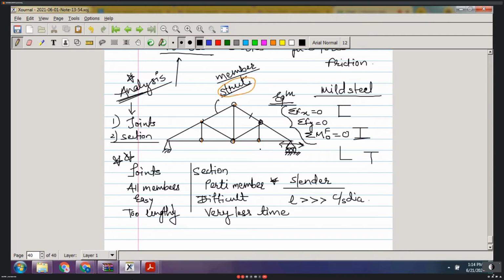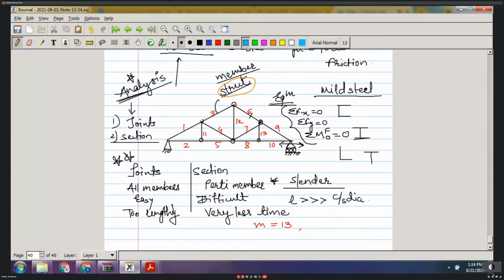So for that, first I will number all these members. 1, 2, 3, 4, 5, 6, 7, 8, 9, 10, 11, 12 and 13. How many members are there? 13 members.